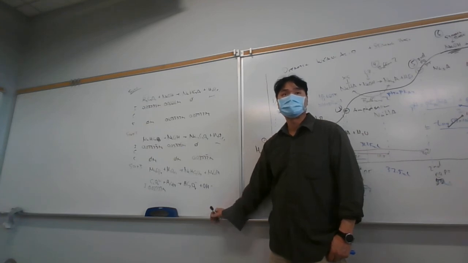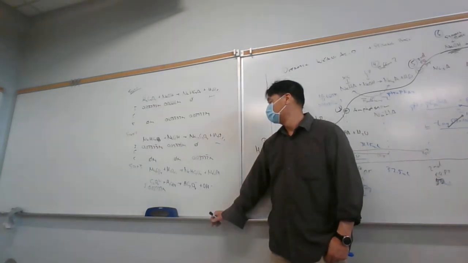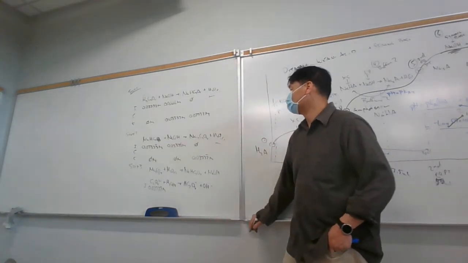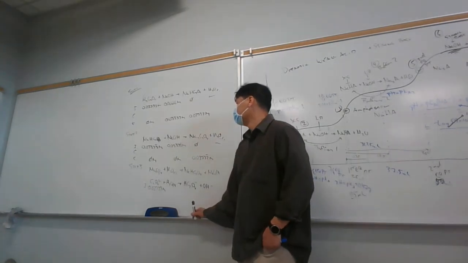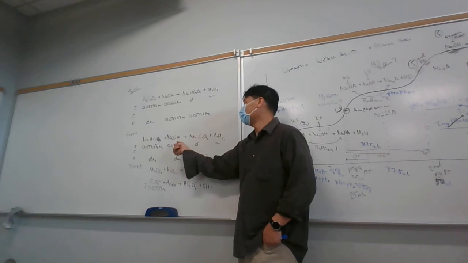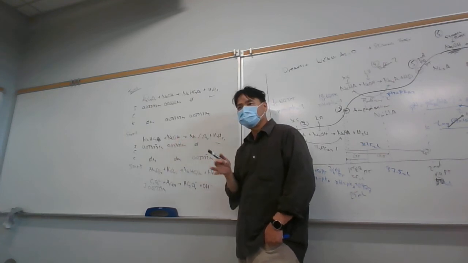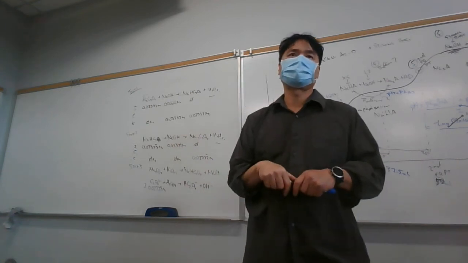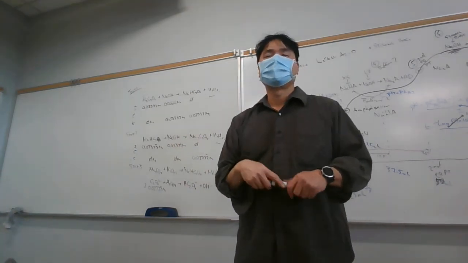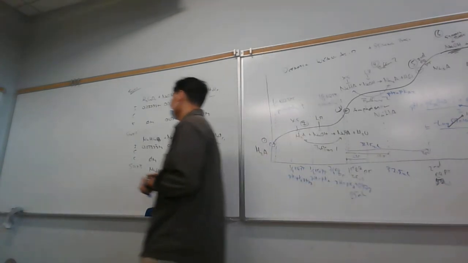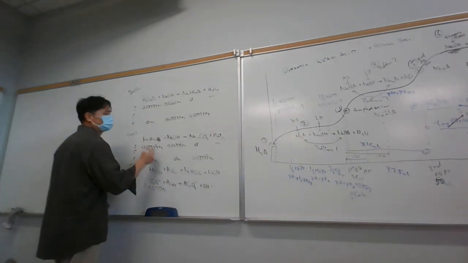I'm a little confused when you're doing step 3. It's just the reverse of step 2. Step 3 is the reverse of step 2, but the thing is this. When we make this assumption here that strong reacts to completion, that is technically not accurate. In other words, I said K is very large here.